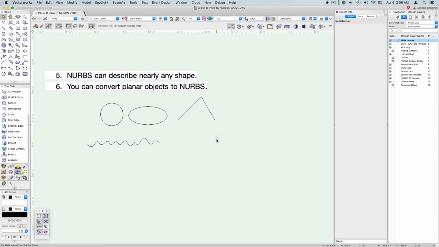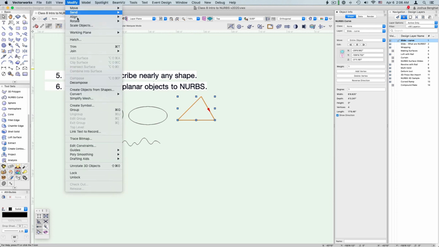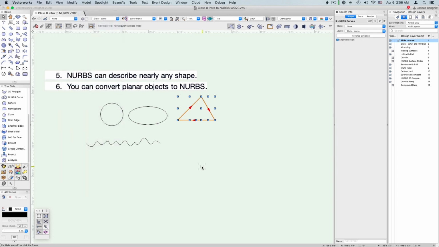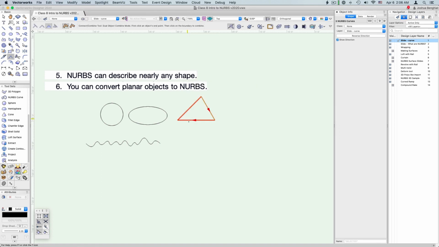One more thing to know about NURBS is that a lot of the 2D functions that you can use with polylines and polygons will also work with NURBS. So for example, we can take this and decompose. We can use the Connect and Combine tool to connect NURBS curves together.